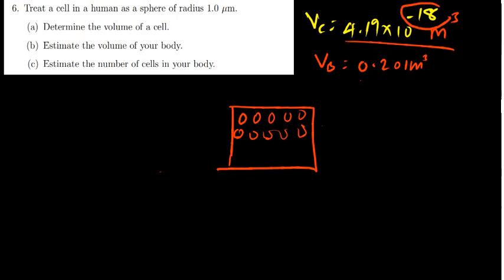Now we also have the volume of each cell in the body. So to estimate the number of cells, what do you think we are supposed to do? We have the volume of the whole body, then inside we have got the cells, and each cell has got this volume.